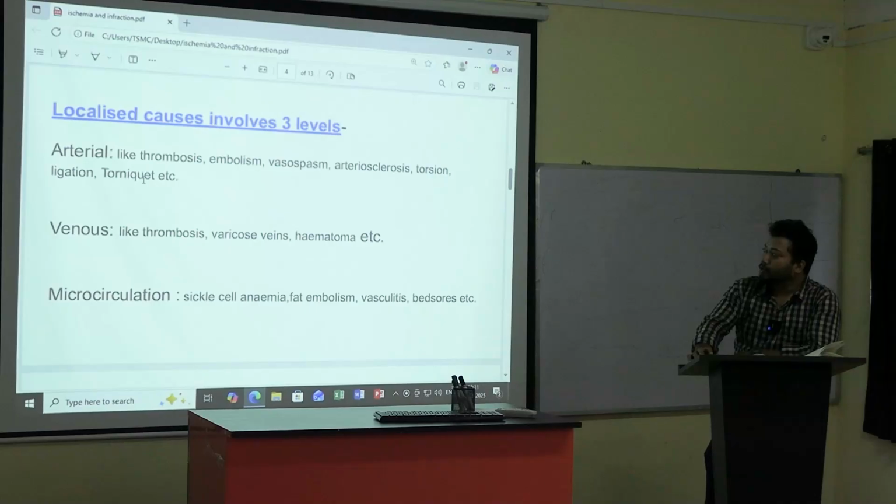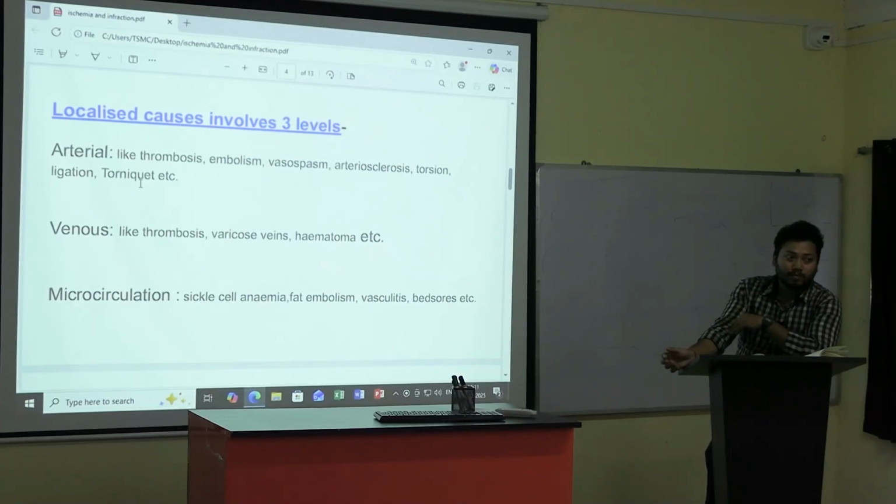And tourniquet, as we already studied in our blood collection, we use to make the vein prominent. If the tourniquet remains there for a longer period of time, it will start accumulating blood within that area.